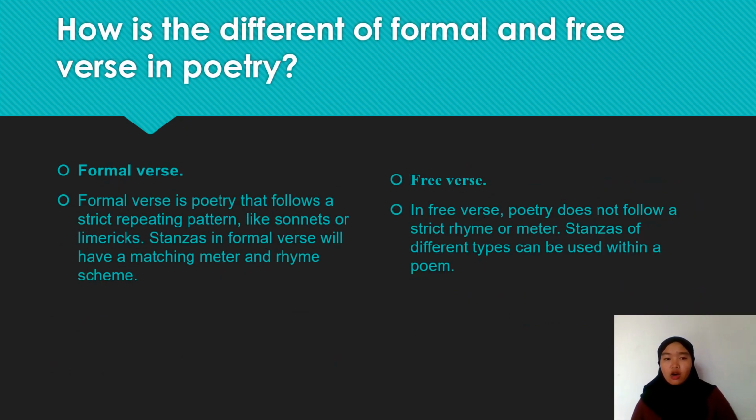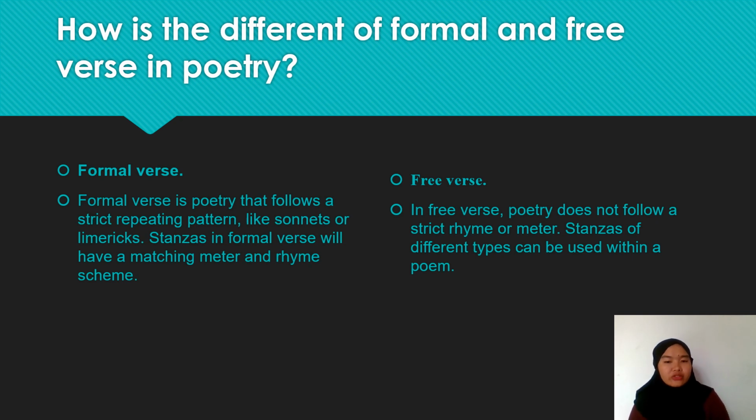Okay, what is the difference between formal and free verse in poetry? There are any number of ways that a poet can use stanzas to tell a story. The two broad types are formal verse and free verse.